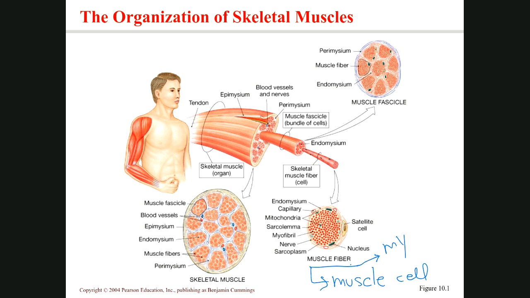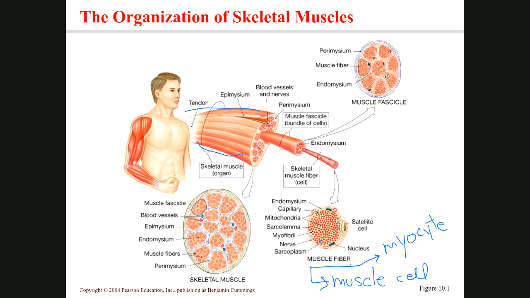My means muscle, and then you put the combining vowel, which is O, and then cyte for cell. So a myocyte is a muscle cell. Any of these terms will refer to muscle cells, and when you encounter any of them, you should know that they're referring to the muscle cell.